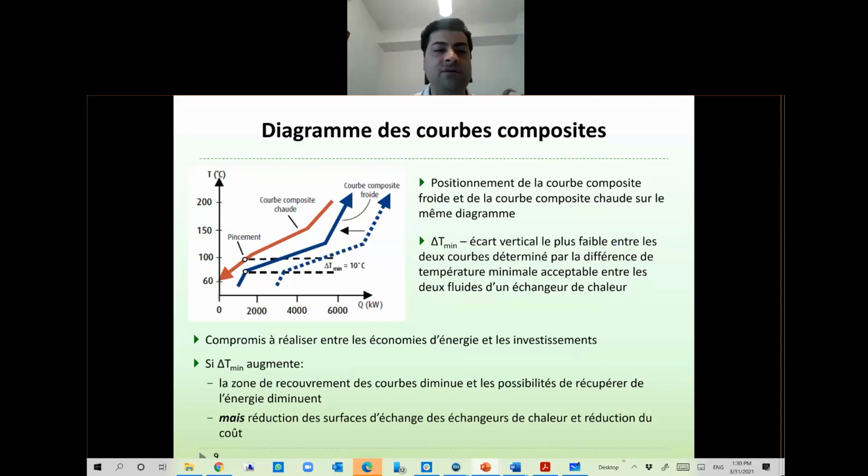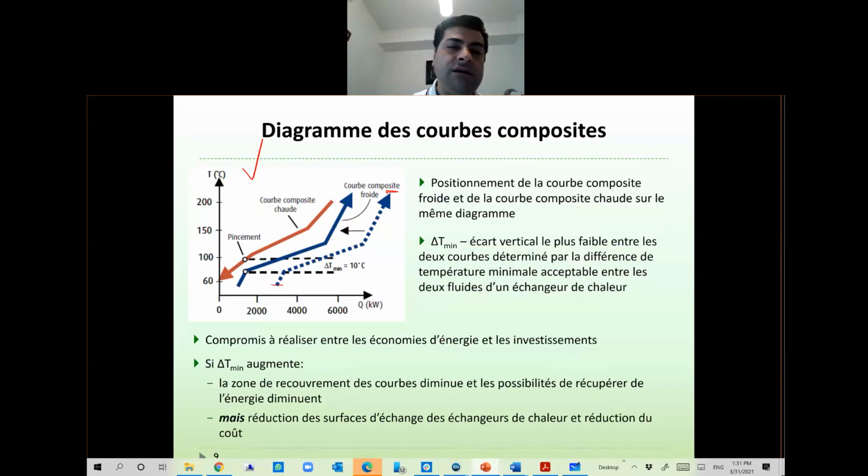So like this graph shown here, you can see that the hot stream is the red one, and the cold stream can be shifted to the right or to the left as long as the initial temperature and the final temperature of its composite curve are fixed. So you have the hot stream and then you have the cold stream. You want them to match together. Okay, you switch back and forth.